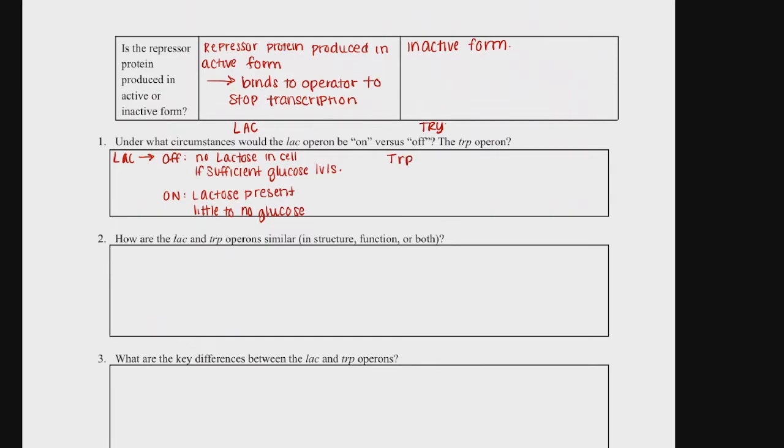The trp operon, and I don't know why I keep writing try. It's because trp is actually W, and I always mix them up in my brain with Y. I don't know why.